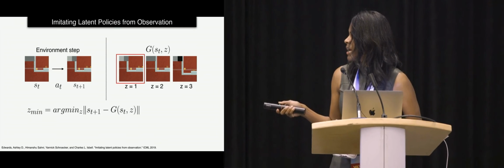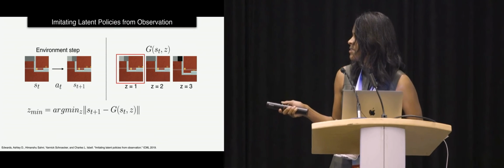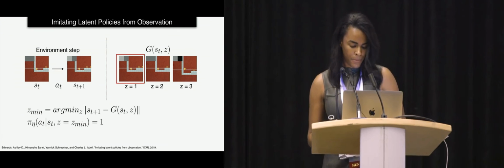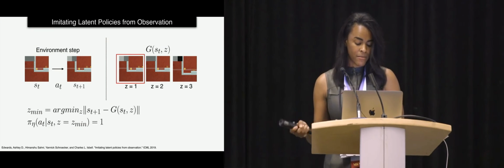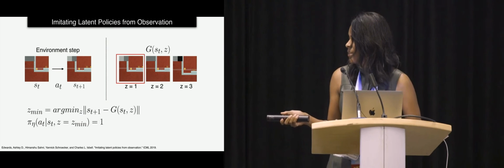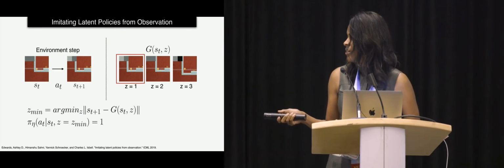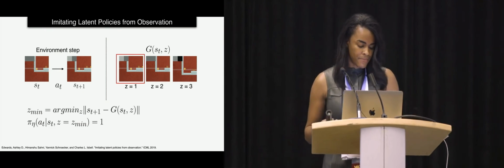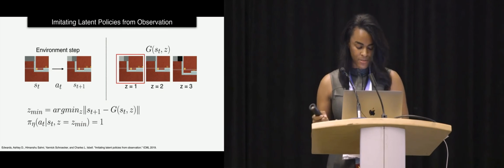And so what I need to do is find the latent action that minimizes the distance between my predicted next state and the actual next state that I observe in my data. And then once I predict that, I can just relabel my action to be the latent action that occurred. And so I can set that to 1 and set everything else to be 0 and try to minimize, again, the difference between those things.